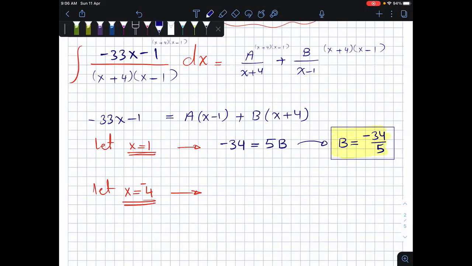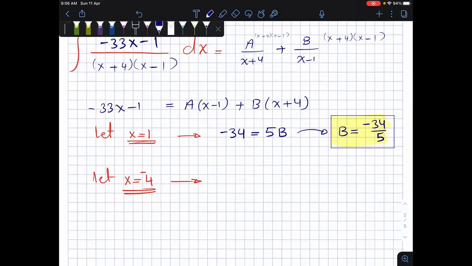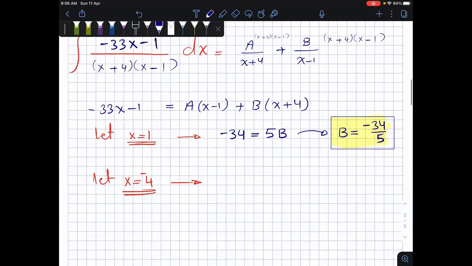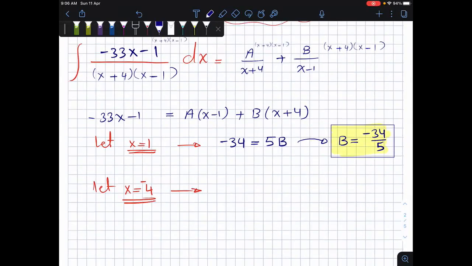The other one, we let x equal -4. So -33 times -4 is 132, plus -1 gives 131.